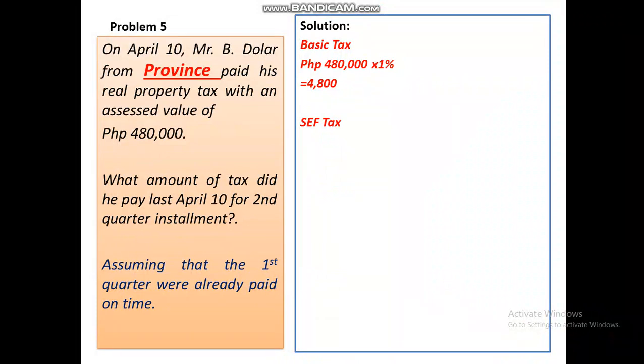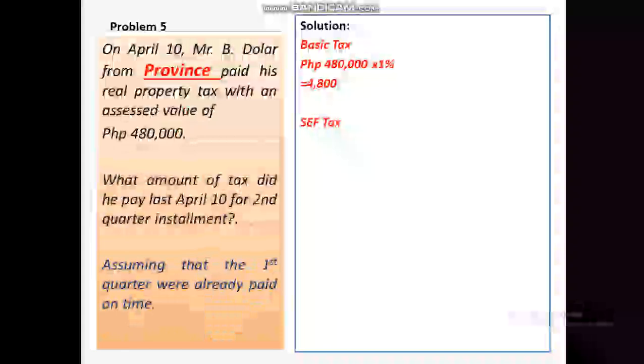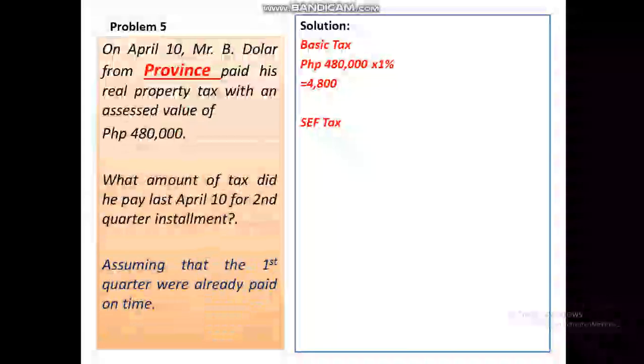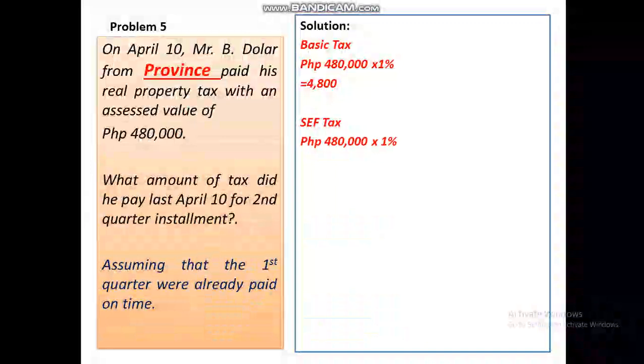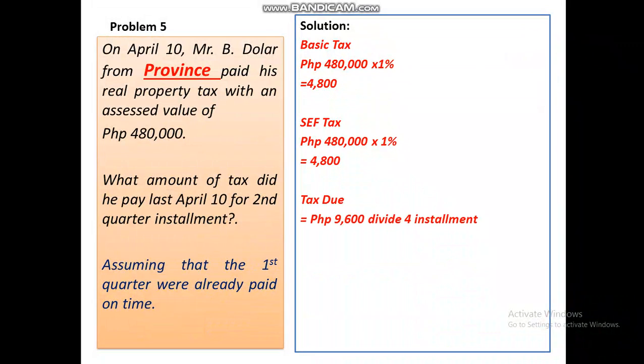The basic tax and ang kasama nating additional na SEF, which is palagi itong present, no? Fixed po ito. And the SEF tax is also 1%. And it also resulted to 4,800. So, kukumpita po natin ito dalawa. 4,800 plus 4,800 is equivalent to 9,600.